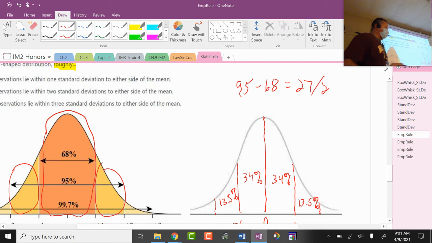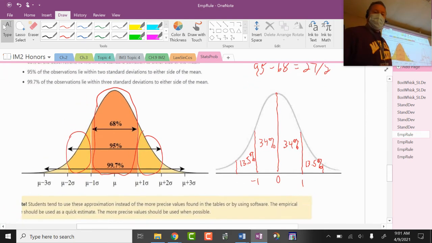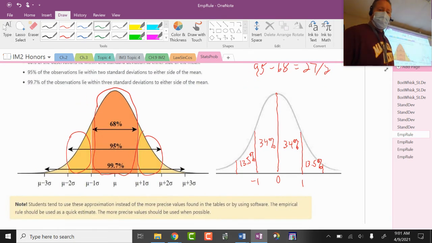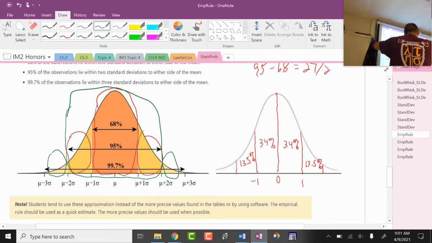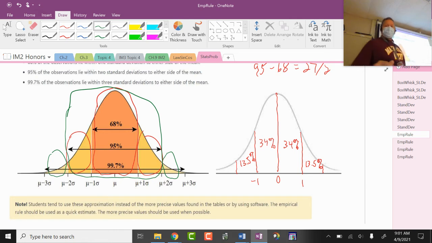All right. And then maybe I'll change colors. Green, I need this little area from here and there. Well, I have this accounted for, or that is 95%. So what would 99.7% be when I'm doing this? It's the same thing.